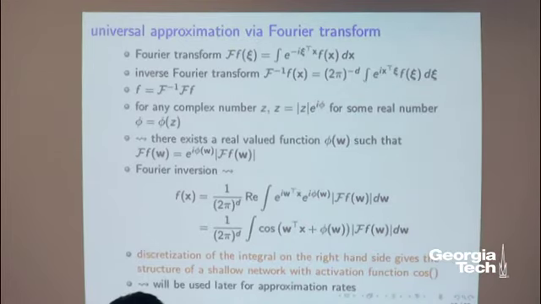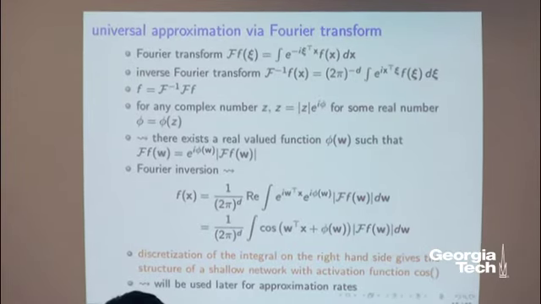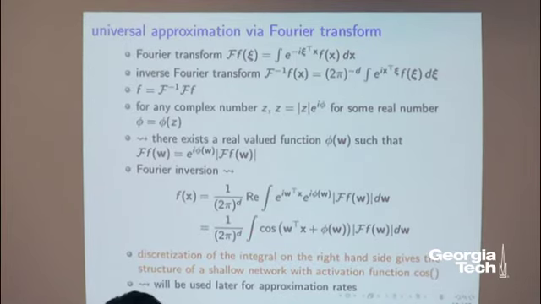Okay, so what does this representation tell you? It tells you, well, every function in L2 you can write in this form, and this has really the structure now of such a shallow network. It's just that instead of the sum, we have replaced this essentially by an integral. Okay, so this is an integral where here's a sum.